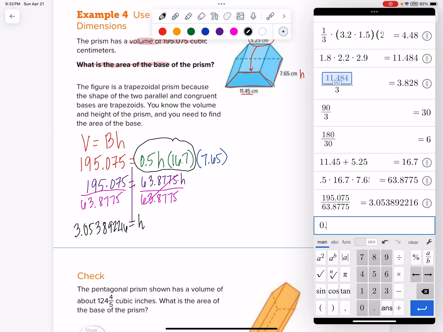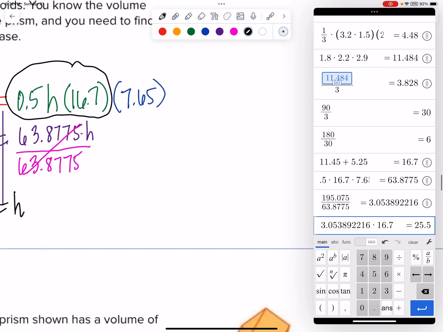So 0.5 times, we'll put in the height of our base, 3.053892216, times 16.7, and there we go. We get a nice simple area after all that.